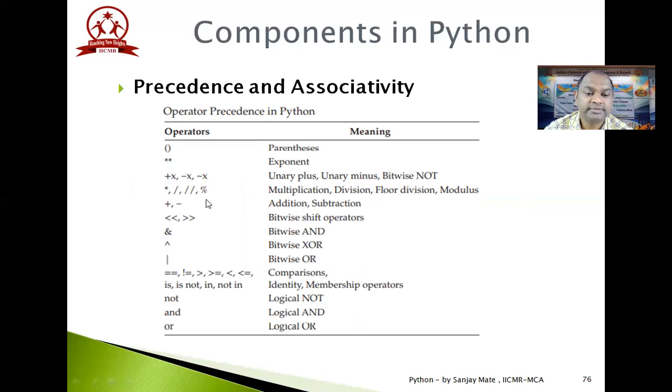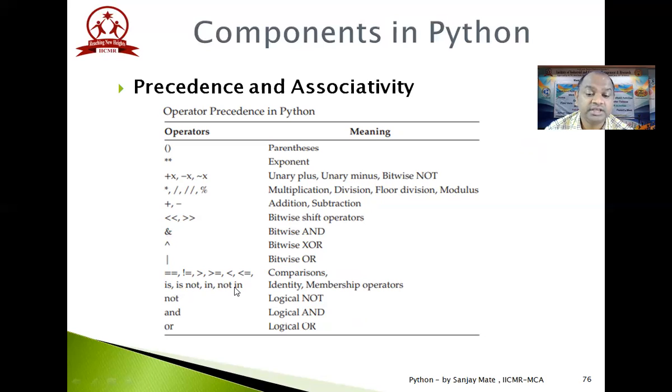Then the arithmetic operators: multiplication, modulo, division. Then plus and minus, then bitwise shift operators. Then bitwise AND, OR, XOR, then comparison operators. Then the identity or membership operators.